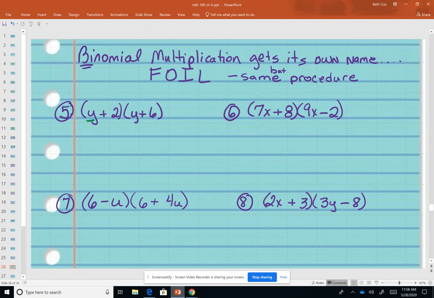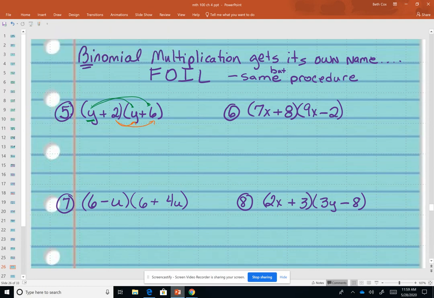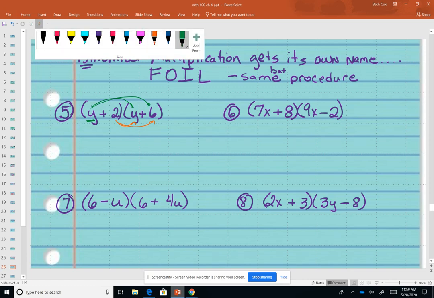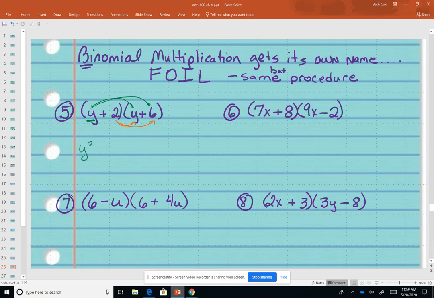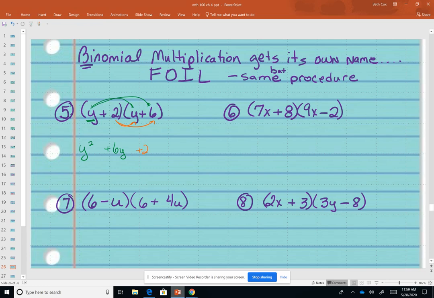We're going to take the y and multiply it by both of those. And then we're going to do the 2 and multiply it by both of those. And then if we have any like terms, we'll put those together. So y times y is y to the second. Y times a positive 6 is a positive 6y. 2 times y is a positive 2y.